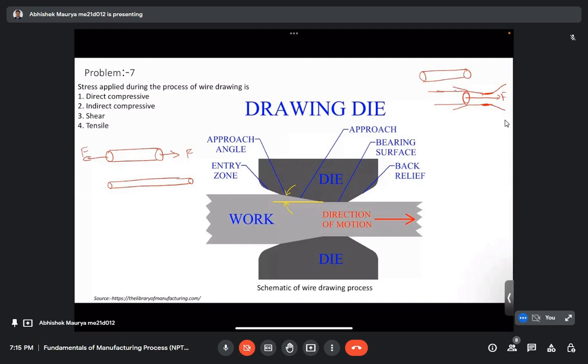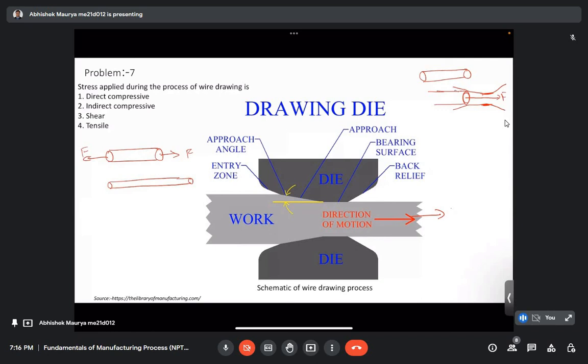So when we pull this bar, we apply force F. Indirectly what is happening, these are the regions where the bar comes in contact with the die. When we try to apply a pulling force on the bar, the die provides a reaction force on the bar, and this reaction force is compressive in nature.